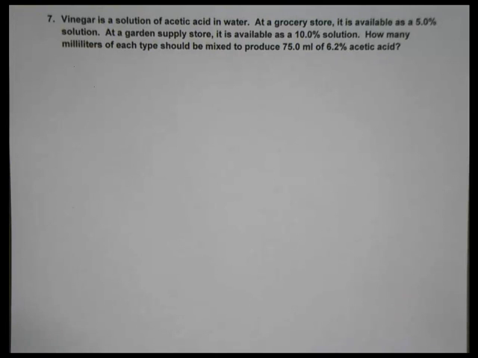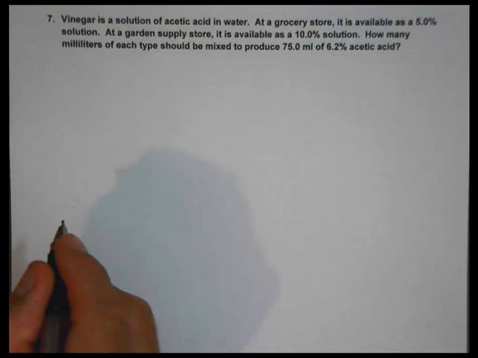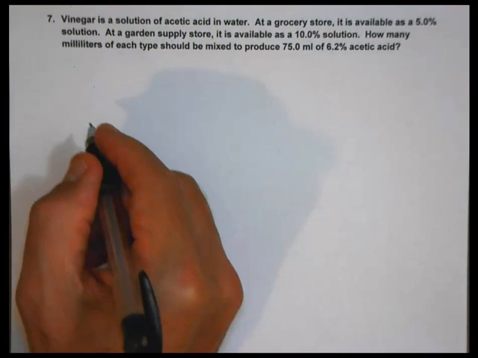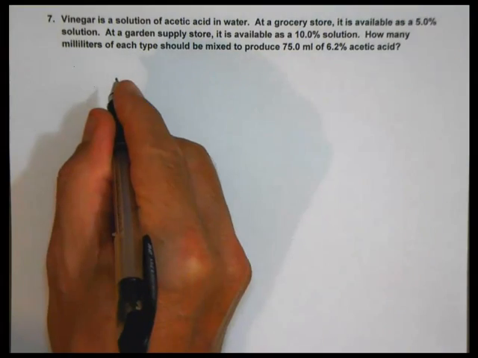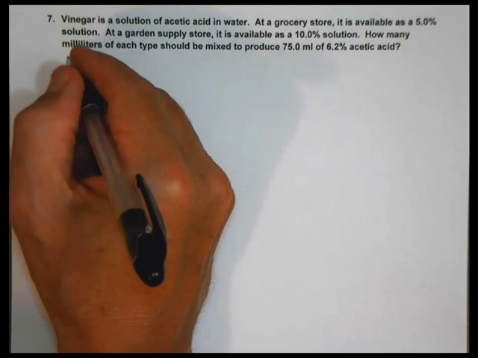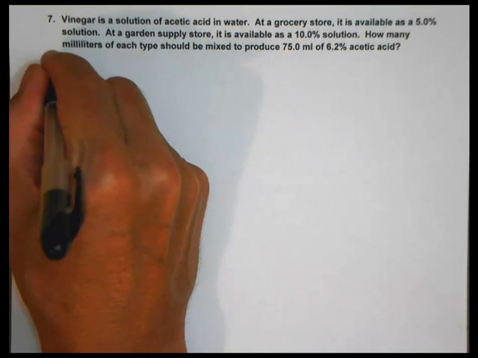Okay, let's decide about defining our variables. A lot of times, what you're asked for has a lot of control over how you define your variables. In this case, since we're seeking how many mLs of each type, this might lead us to these kinds of definitions.